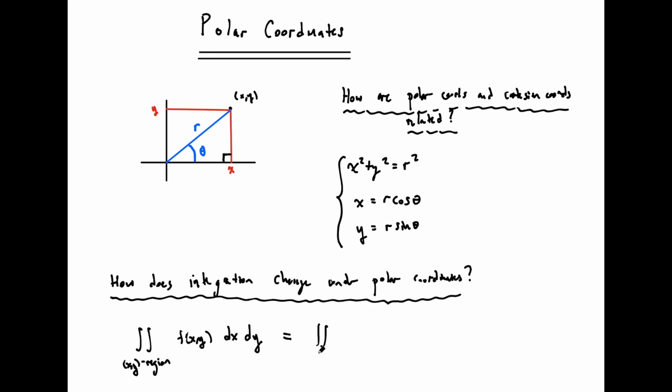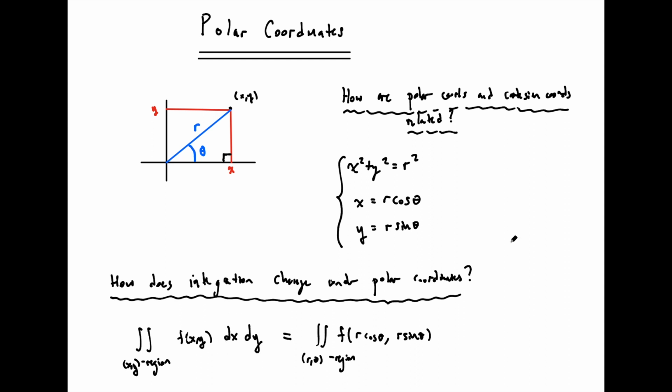Well, we can figure out how to describe the corresponding region in terms of r and theta. Likewise, using these two equations up here, we can take x and y and convert them in terms of r and theta. So the function we're integrating would turn into f of r cosine theta, r sine theta. The tricky part is how the differentials change.